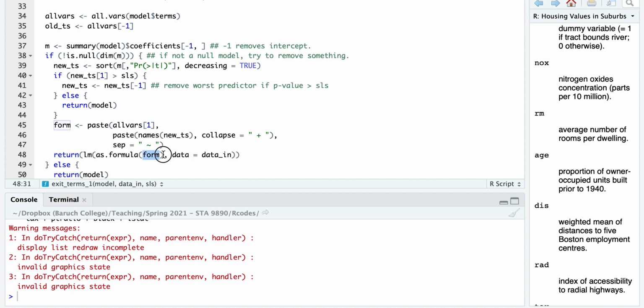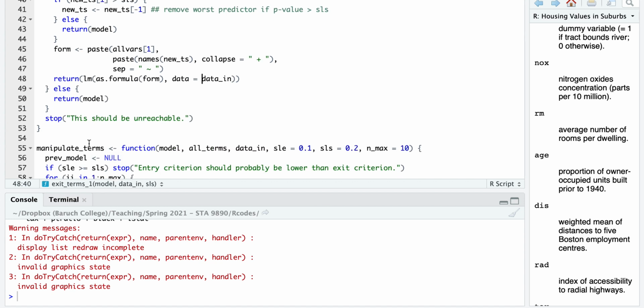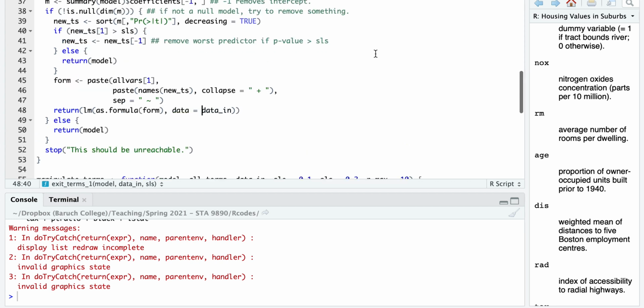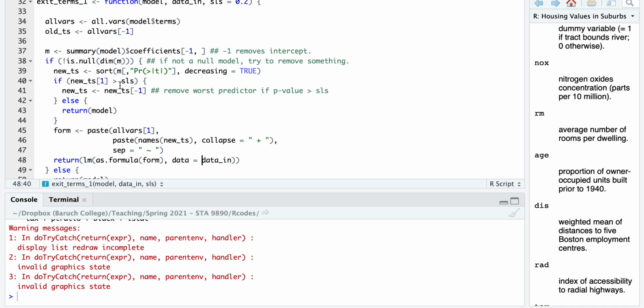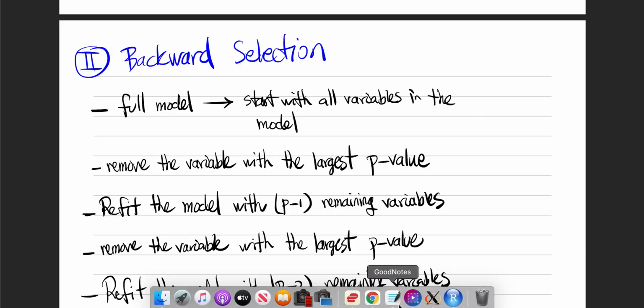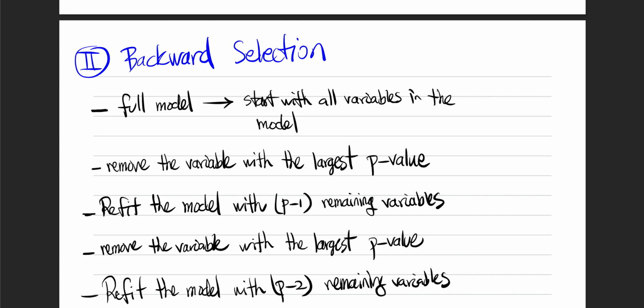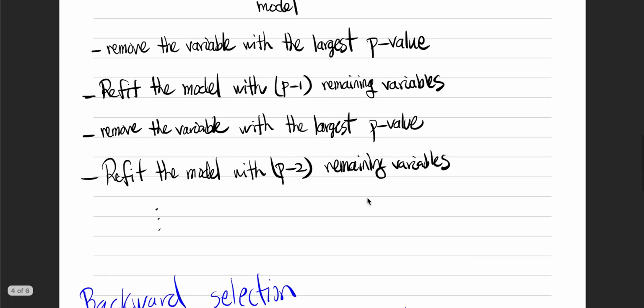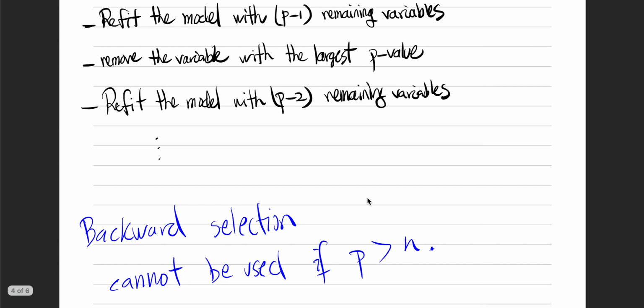The formula will be given to the linear regression function to fit this data, and the result will be returned. That's what's happening in backward selection.